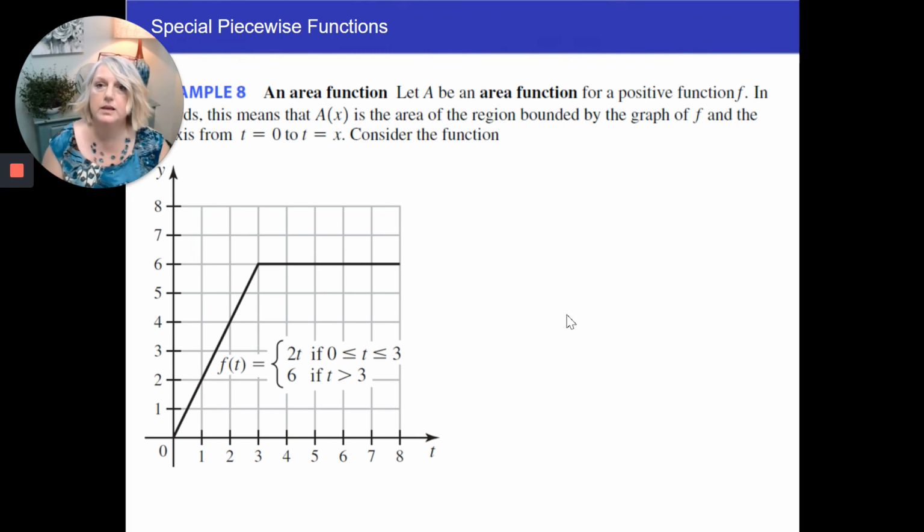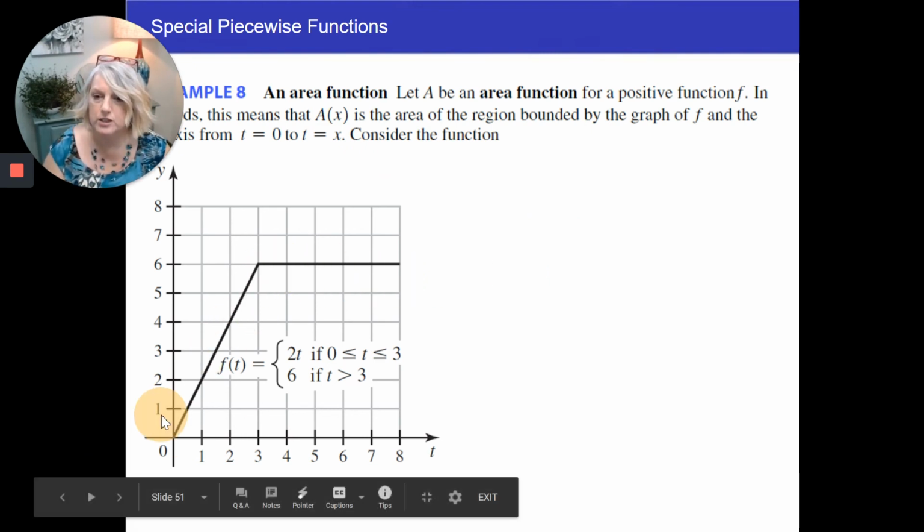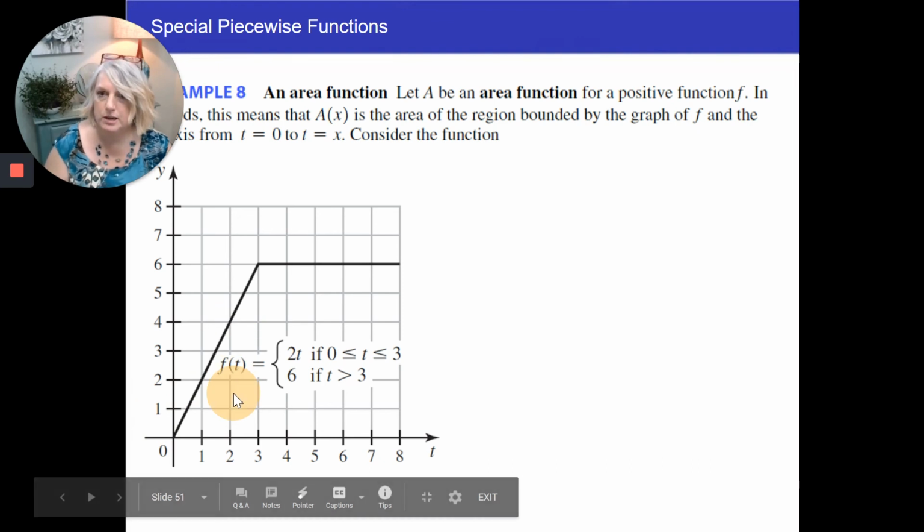Now, not only can we talk about this derivative function, we are also going to talk about this area function. The second part of calculus, which was integration, where you're working backwards from a derivative function back to the original function, is actually directly related to area. And that's kind of the preview that we had in the video that we watched. Now, this area function, again, starts with something really simple, a nice little piecewise linear function, which has geometric shapes underneath it.